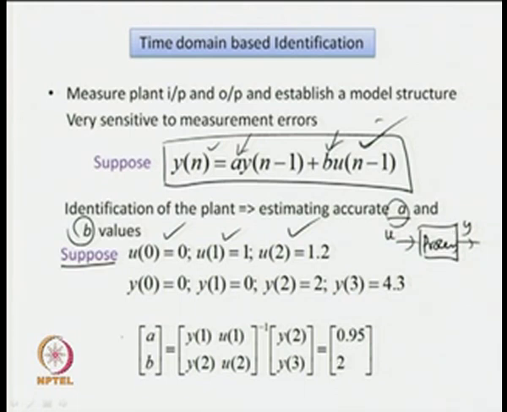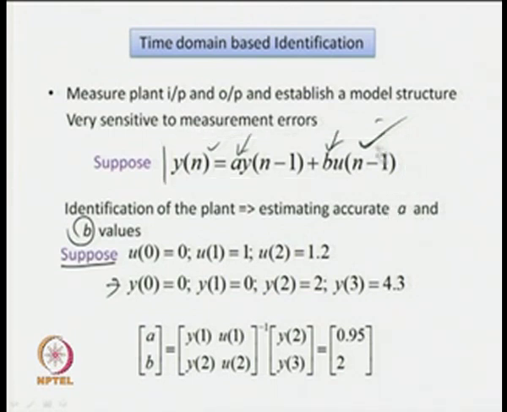The corresponding outputs for the set of inputs are y(0) = 0, y(1) = 0, y(2) = 2, y(3) = 4.3. With this set of input and output measurements, it is possible to estimate the model parameters A and B.